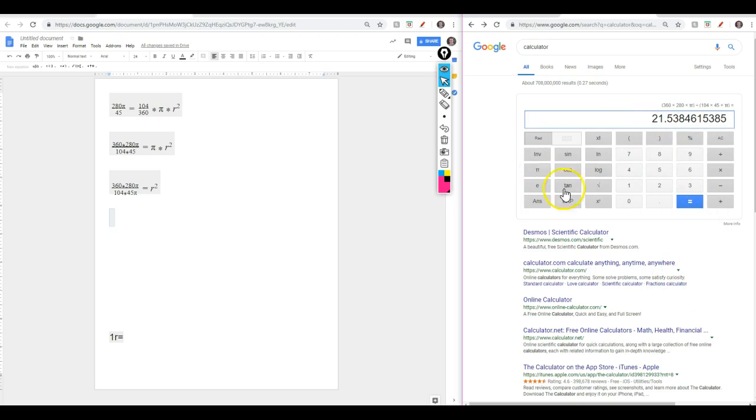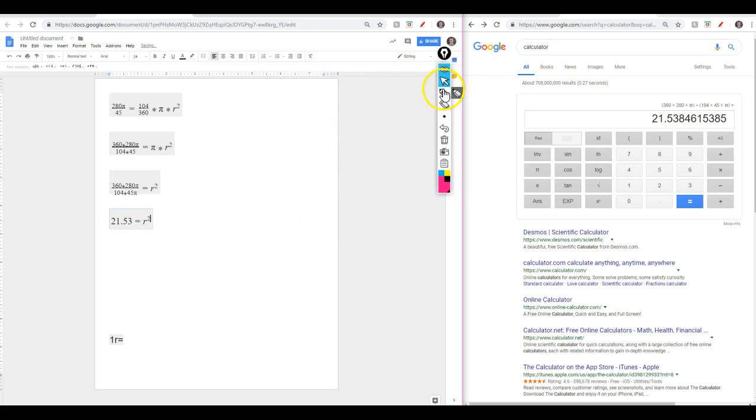That's going to equal 21.53. So we have 21.53 is equal to r squared.